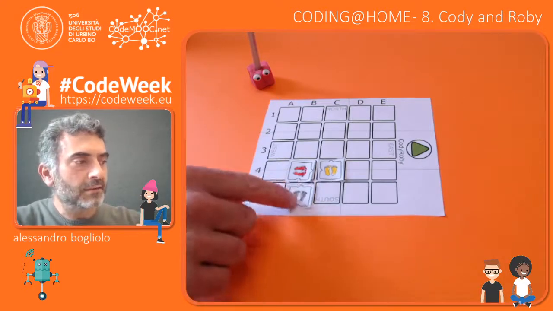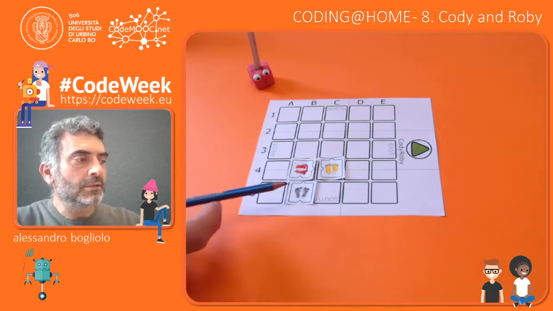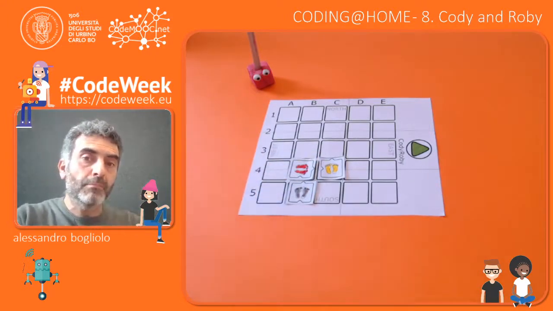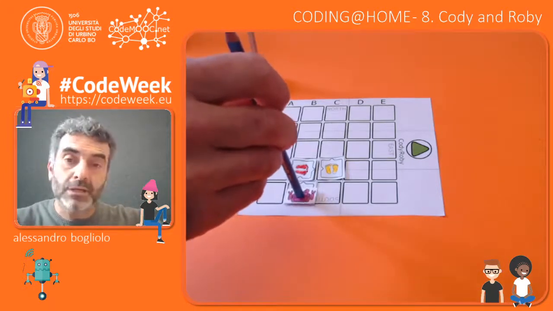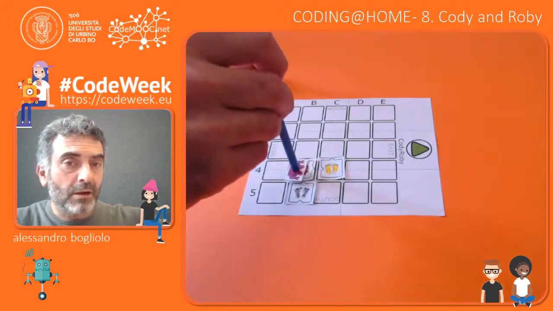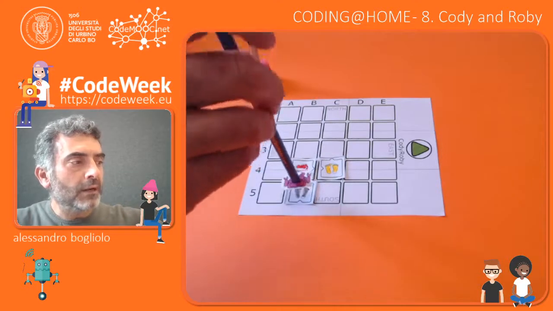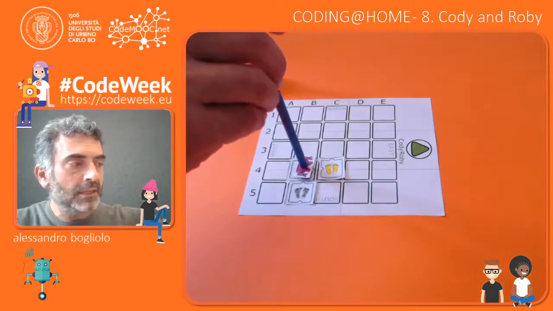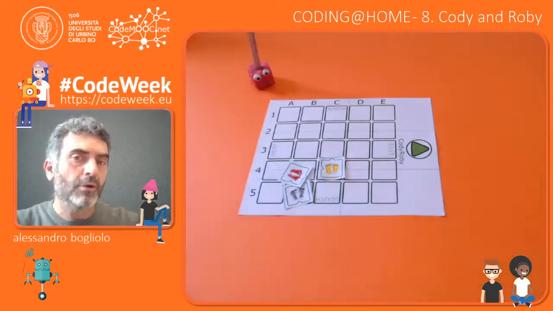So this is the reason why these three instructions don't tell the robot to move, but just to turn. So the gray one means don't turn. The red one means turn right, and the yellow one means turn left. While the movement from a tile to the next one is always made regardless of the color of the tile.